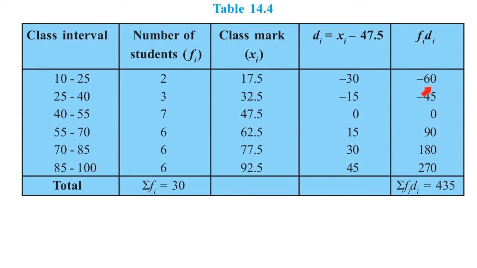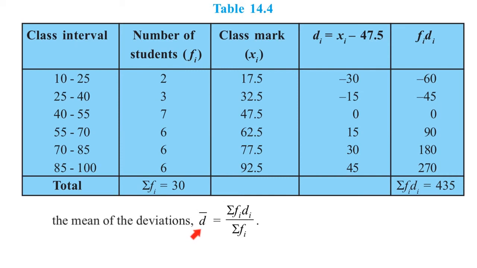So we find fi times di. Then we find the sum of fi di. We already know the sum of the frequencies, this will not change. Now we can find the mean of the deviations, d, by this divided by 30.